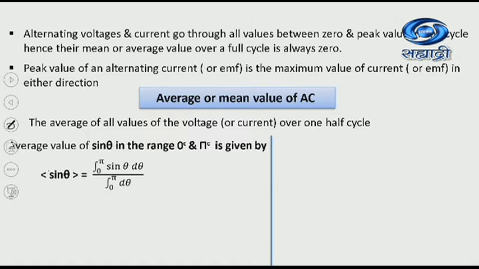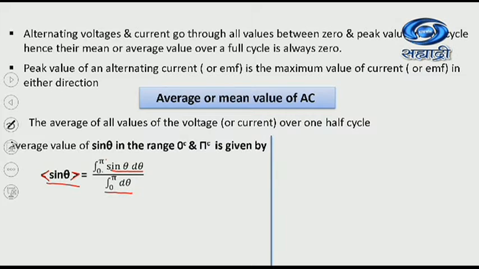Average value of sine theta in the range from 0 radians to pi radians is given by, here the mod sign is there which represents average. So the average value of sine theta, of course over a half cycle, is given by the formula: average value of sine theta is equal to integration from 0 to pi of sine theta d theta divided by integration from 0 to pi of d theta.